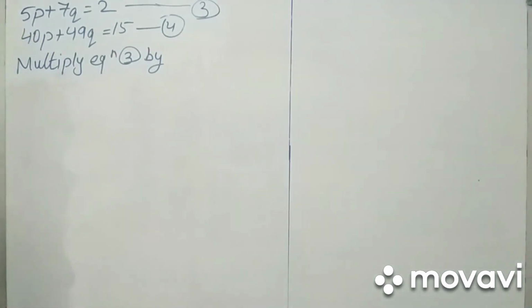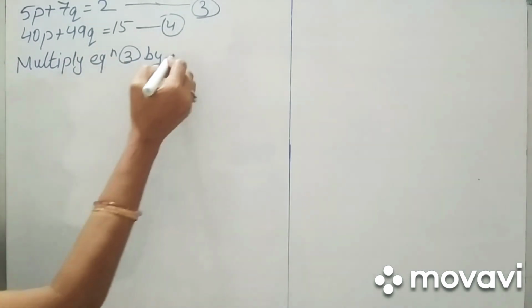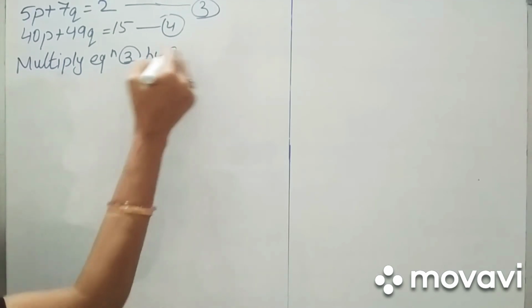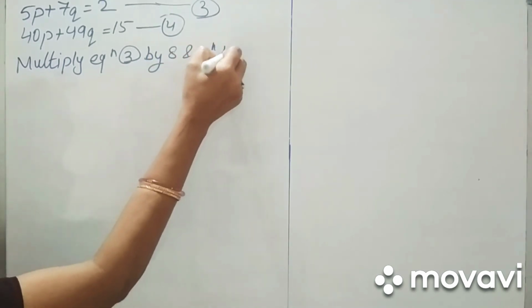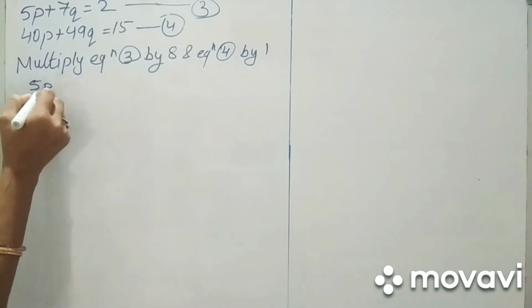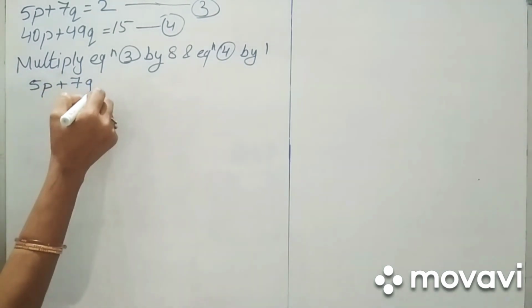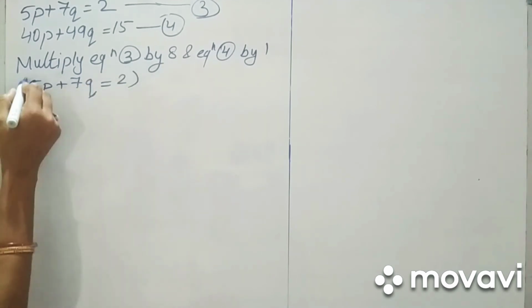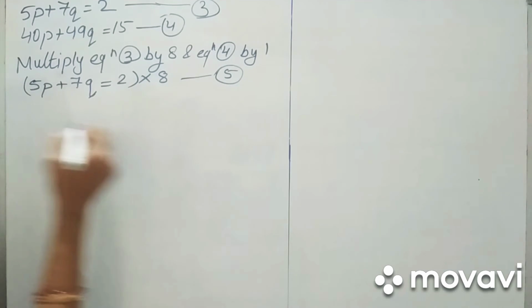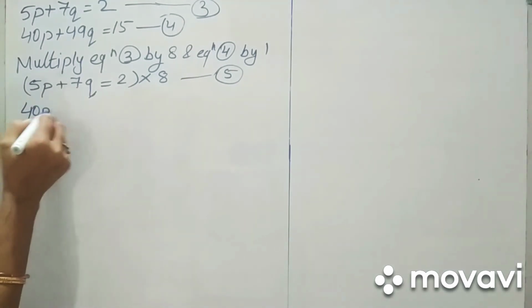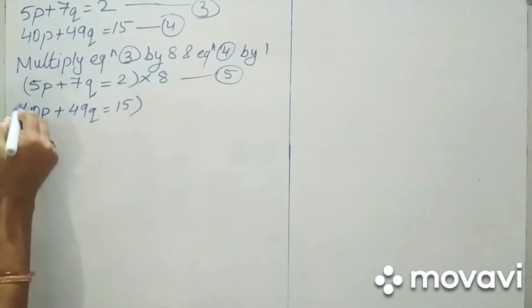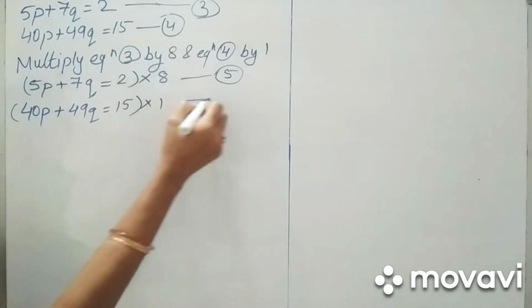In 5's table, when 40 is coming, 8. And equation 4 is to be multiplied by 1. 5p plus 7q is equal to 2 multiplied by 8, equation number 5. 40p plus 49q is equal to 15, equation 6.